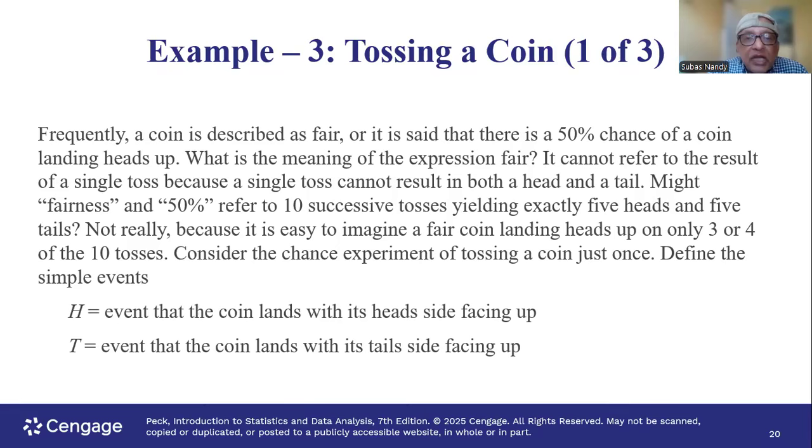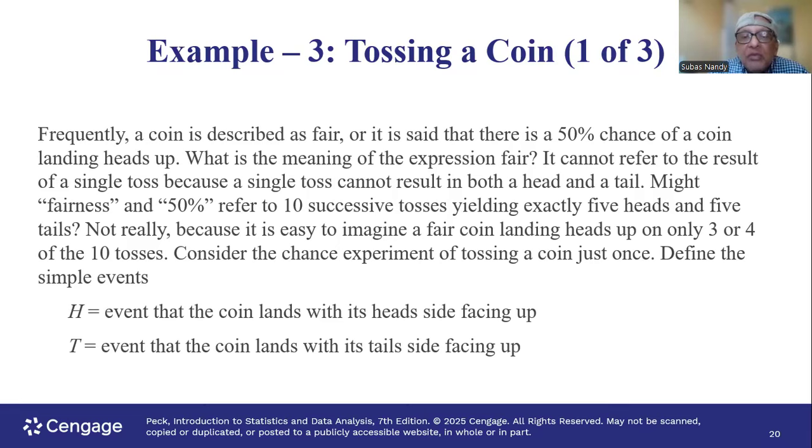Frequently, a coin is described as fair, or it is said that there's a 50% chance of a coin landing heads up. What is the meaning of the expression fair? It cannot refer to the result of a single toss because a single toss cannot result in both a head and a tail. Might fairness and 50% refer to 10 successive tosses yielding exactly 5 heads and 5 tails?